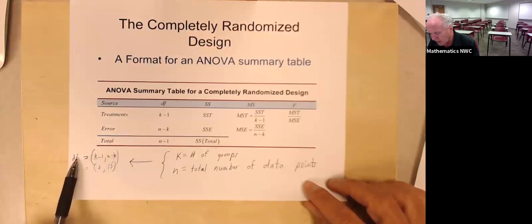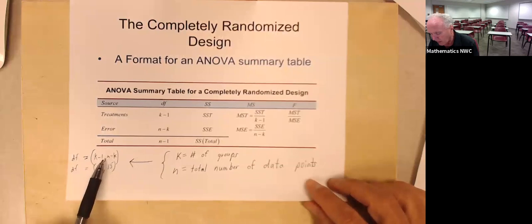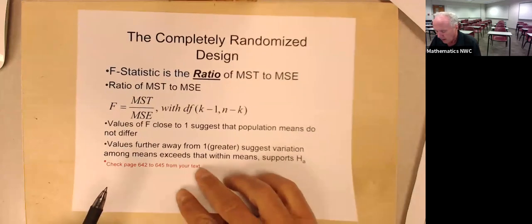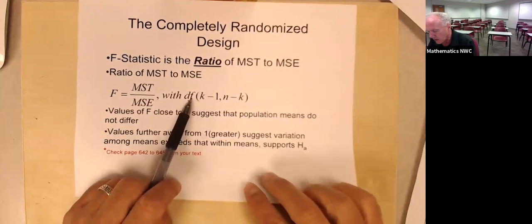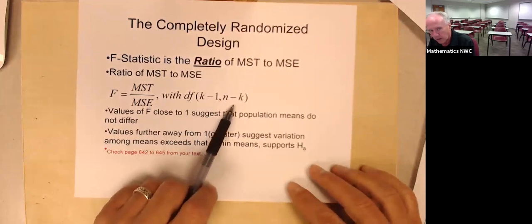That means that our degrees of freedom has 2 parts to it, like an ordered pair. This being the first one, this being the second one. That'll make a little more sense once we get into an example. I want to show this one again just simply because it gives our degrees of freedom as an ordered pair.